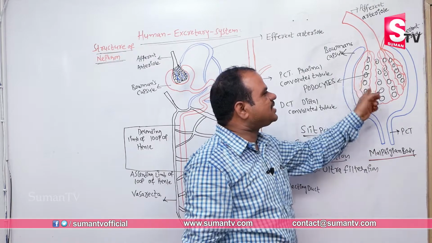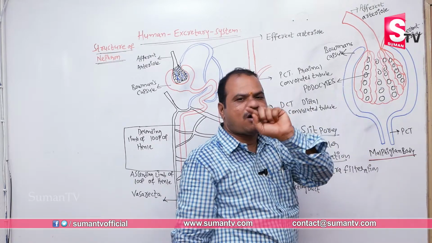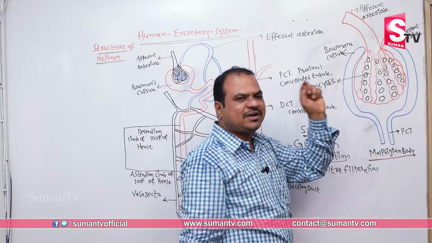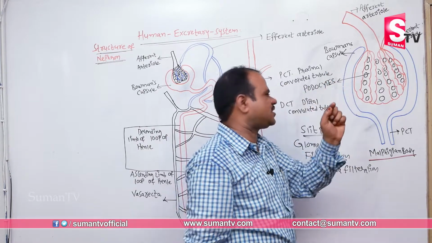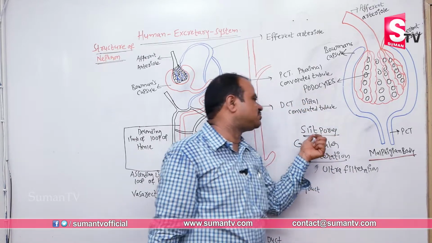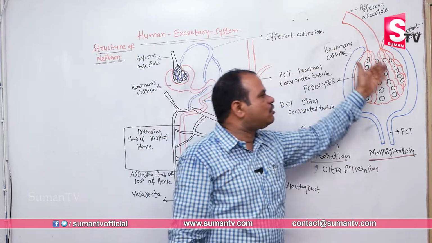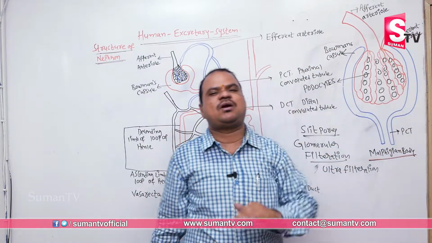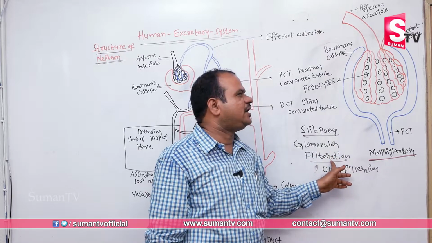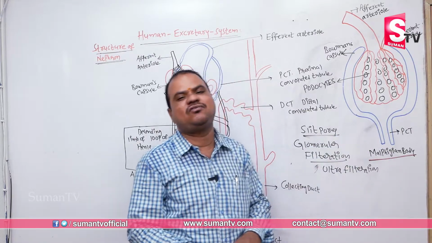Between the blood capillaries there are small minute spaces, which are filled by specialized cells, the podocytes. The capillaries also have small pores, and through the pores the blood undergoes filtration. That is glomerular filtration, also called ultrafiltration.